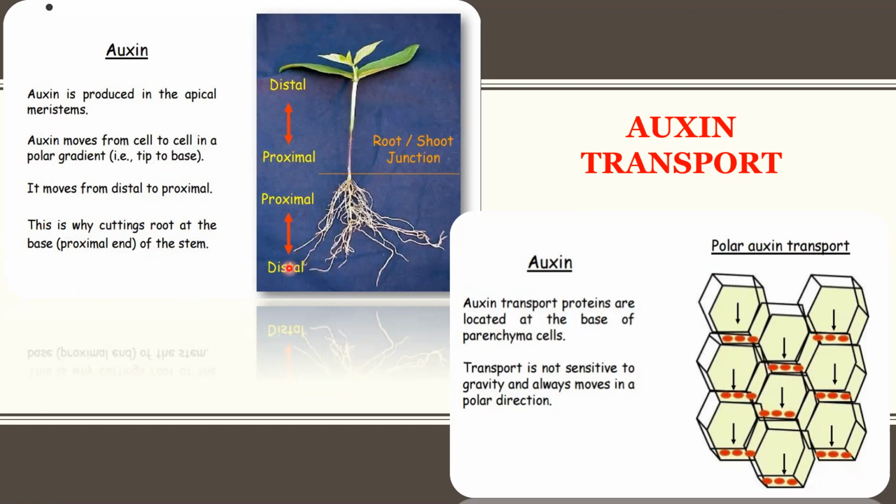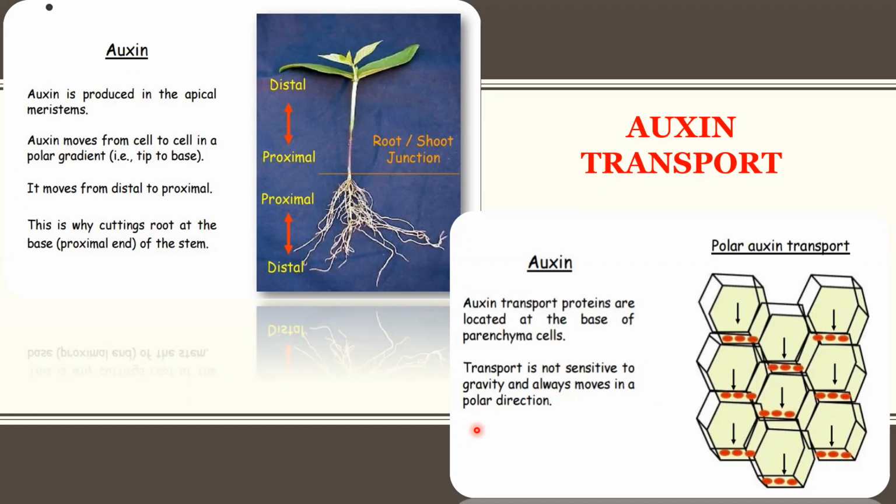Now auxin transport proteins are located at the base of the parenchymatous cells, and transport is not sensitive to gravity and always moves in a polar direction. So auxin transport is always unidirectional and it is not affected by gravity, or rather it is referred to as gravity independent.